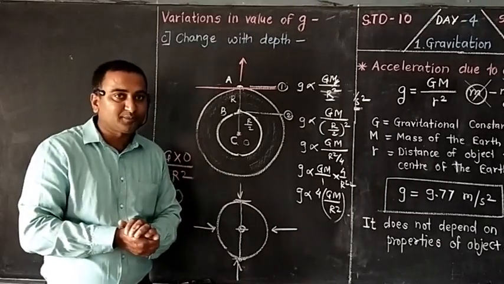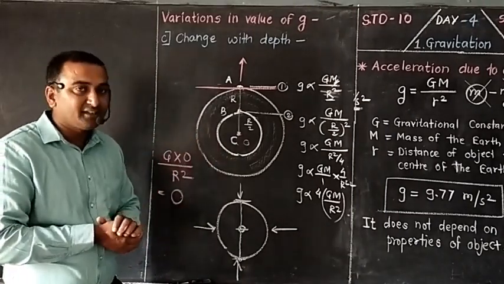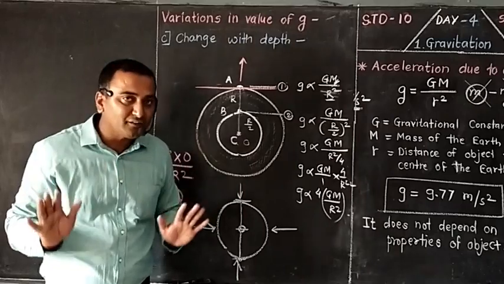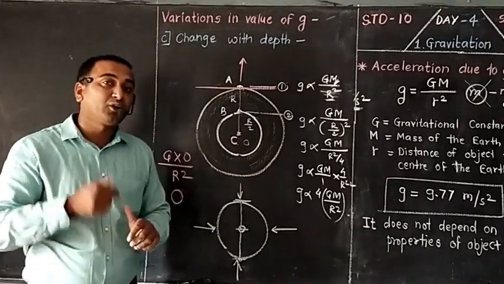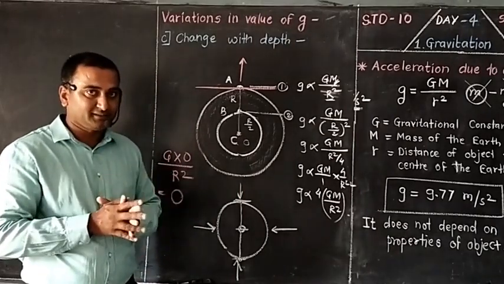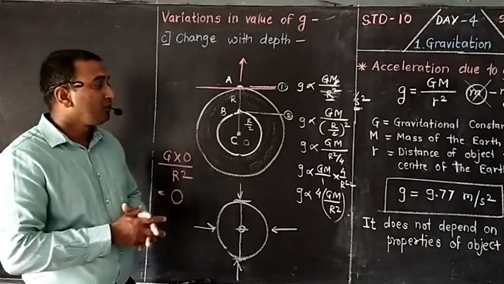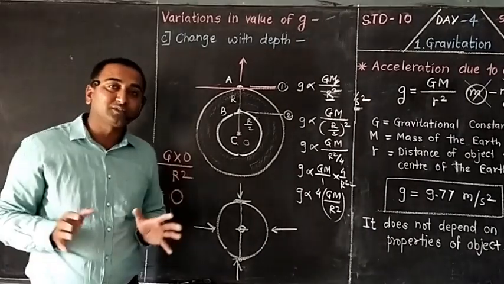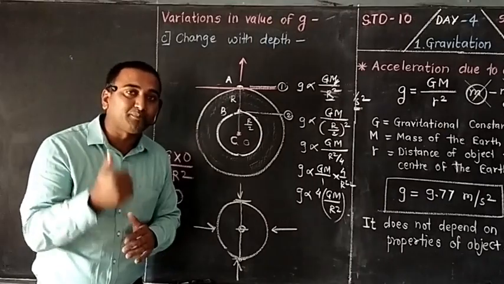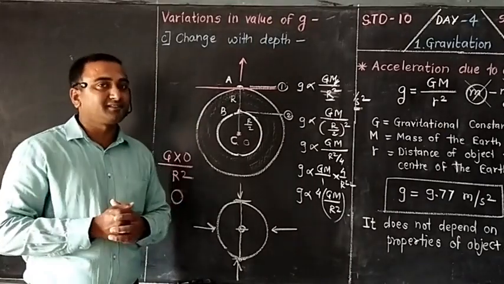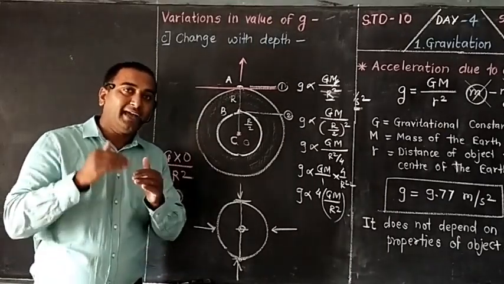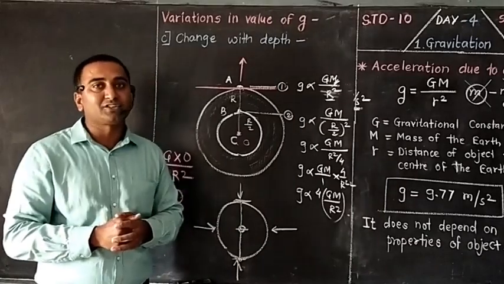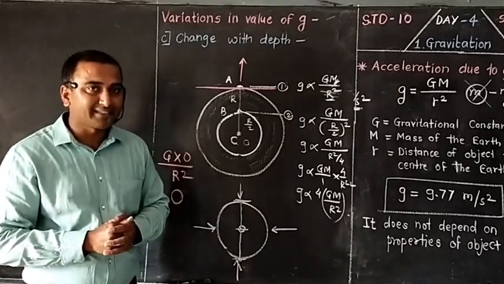What is the conclusion? Acceleration due to gravity does not depend on the mass of the object. It depends on distance and the mass of Earth. According to the surface, it is highest at the pole and lowest at the equator. According to height, as height increases, acceleration due to gravity goes on decreasing.